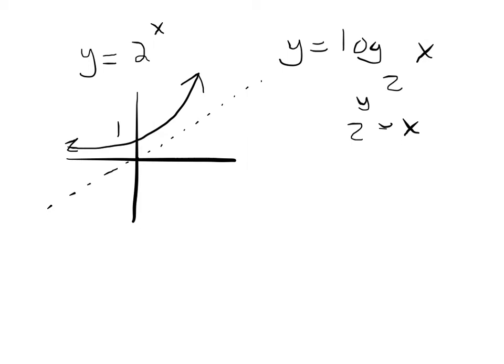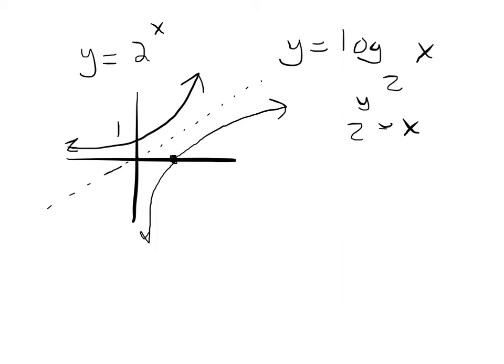So if I go through 0, 1 on 2 to the x, I'm going to go through 1, 0 on the log of x, log base 2 of x. And you'll note if I'm going down the negative x-axis and looking at a reflection across the line y equals x, I'm going to be going down the negative y-axis. If I'm heading up positively here, and I look at that reflection, I'm going to be heading up positively here.